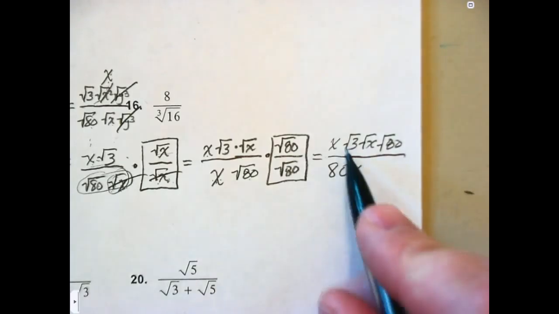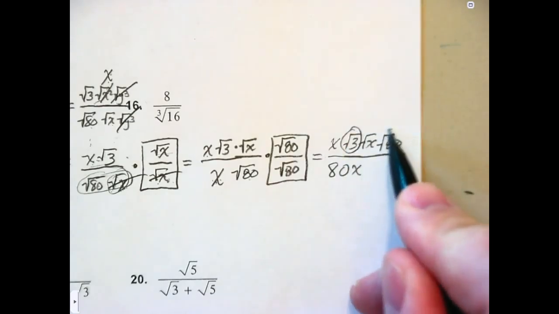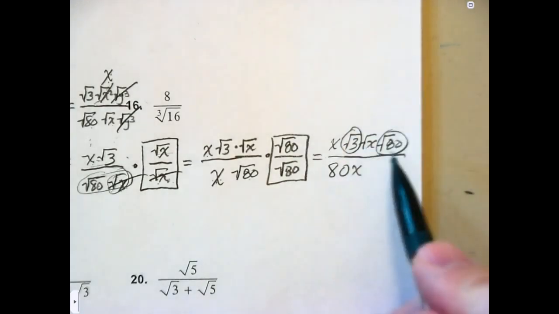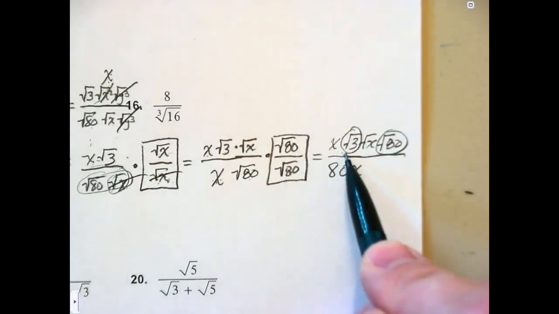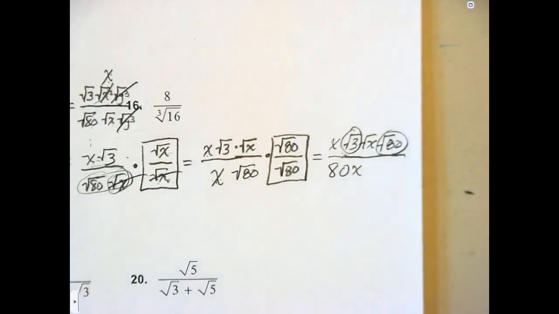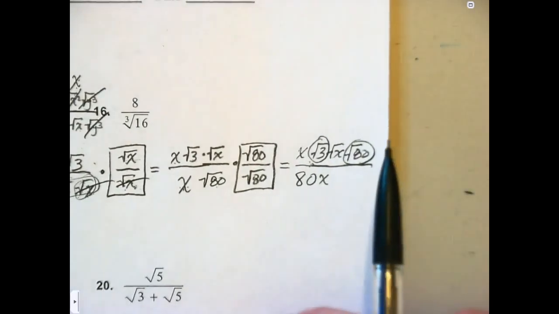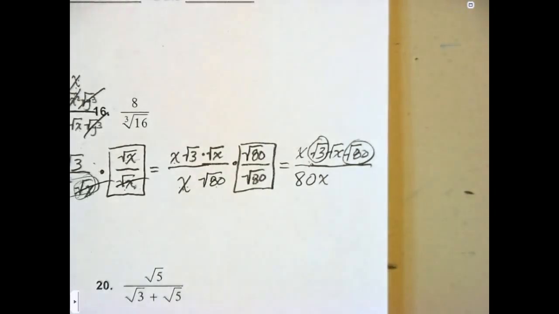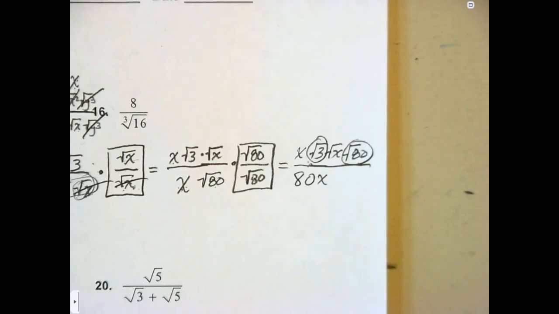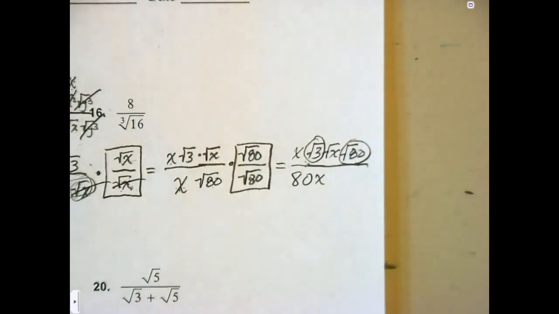But from this, I can put 3 and 80 together. However, 3, nothing goes into that's perfect. Does anything go into 80 that's perfect? 10's not perfect. Four? Anything else? 5's not perfect.